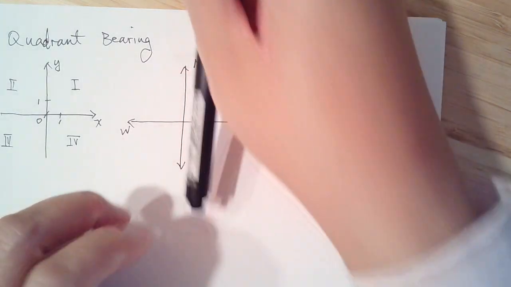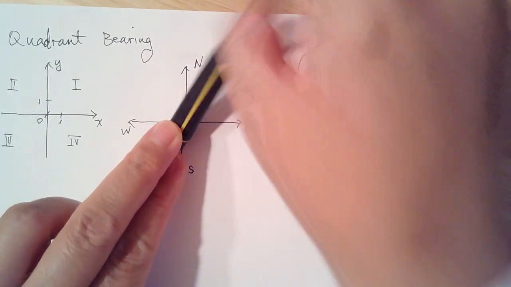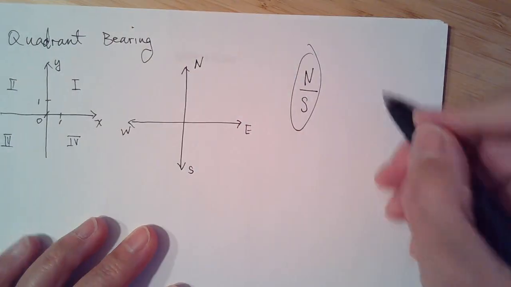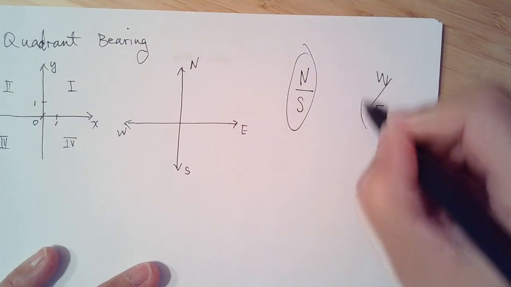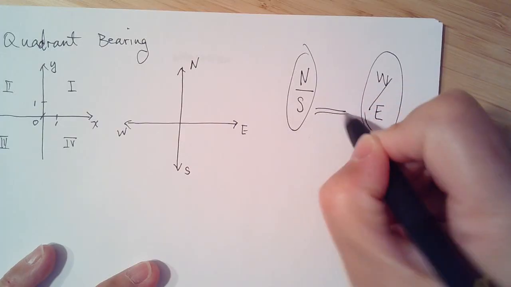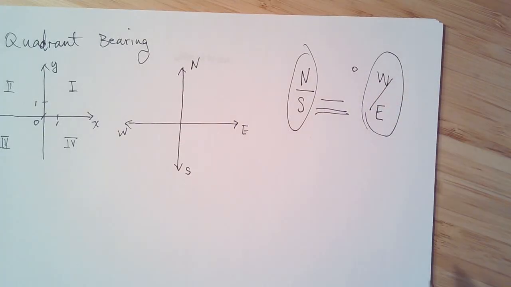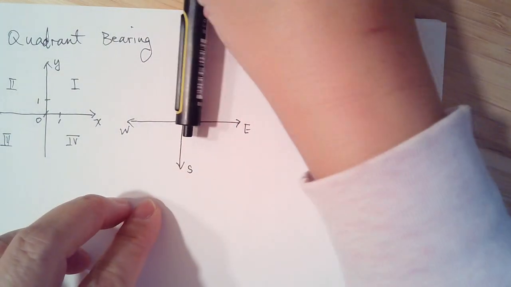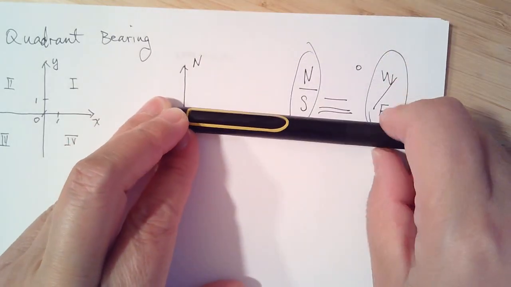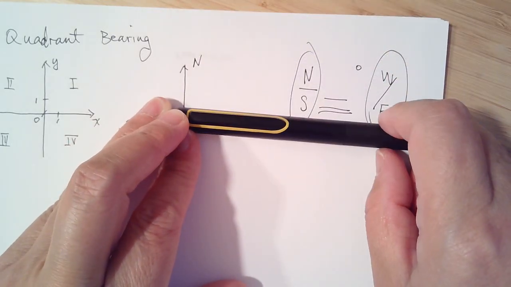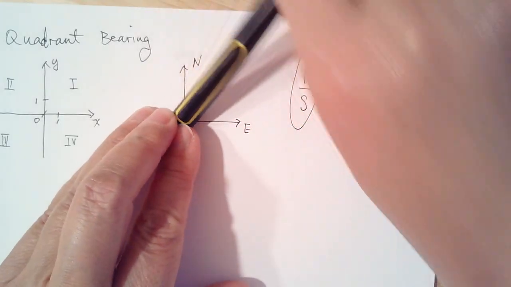And then you're going to move to either west or east. I don't know which one, right? But then inside should be an angle. Now the key is, if you move from north all the way to here, what's the angle? The maximum value of your angle will be 90 degrees.